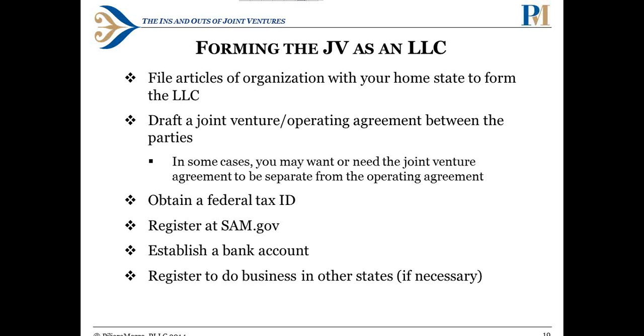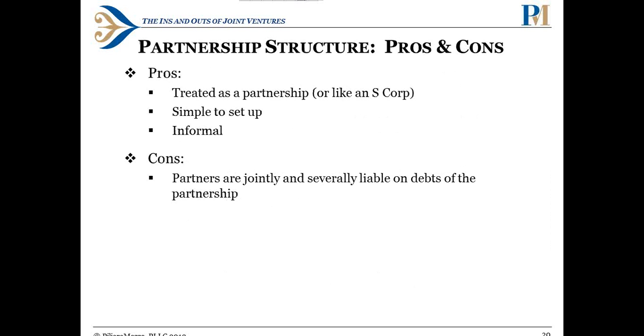Once you have those articles of organization filed, you can do the rest of the things that you need to do to get ready to submit your proposal. You need to obtain your federal tax ID number, register that joint venture in SAM, establish a bank account, and if you need to, register to do business in another state. You're also going to draft an operating agreement.